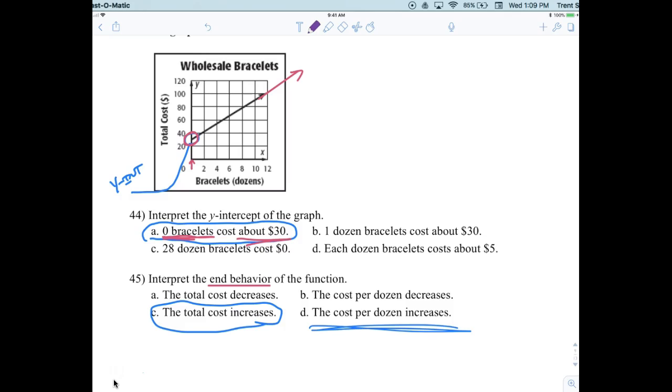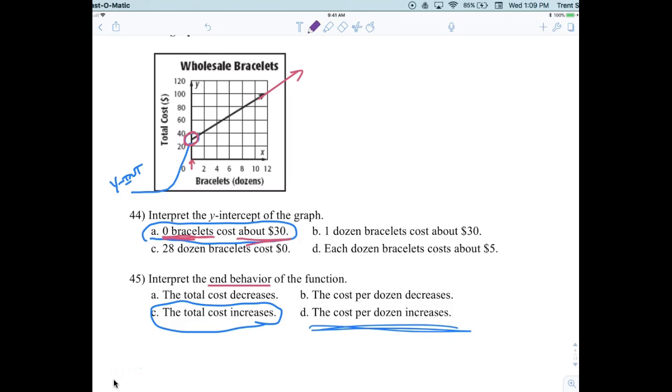All right. Now, I really didn't talk too much about the end behavior. You really should have said it's either C or D because it's increasing. Now listen. When you go to a store and you buy a lot of the same thing, does the price of each item continue to get bigger, or is your total cost getting bigger?